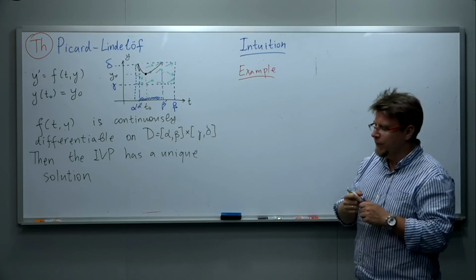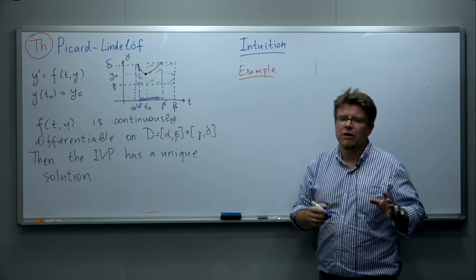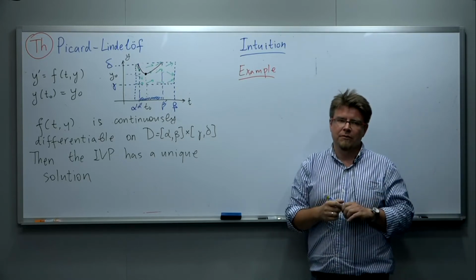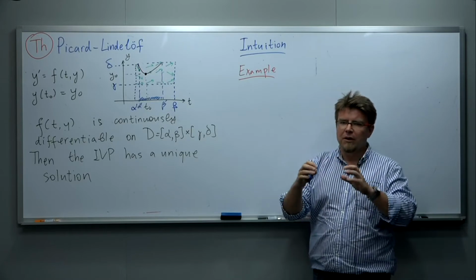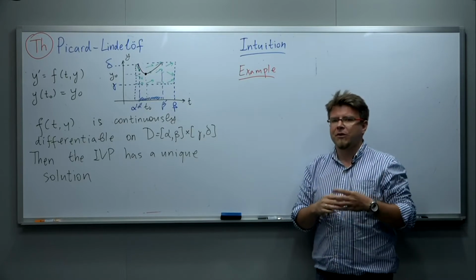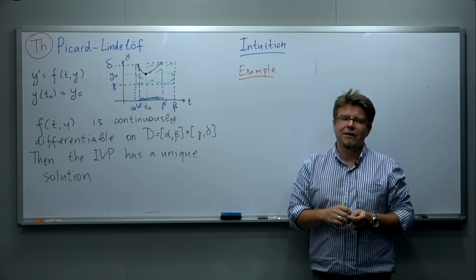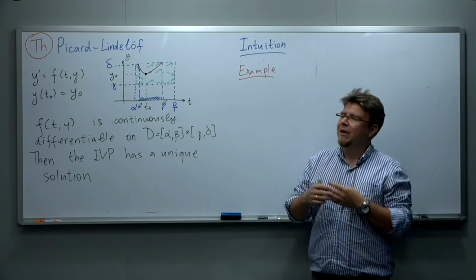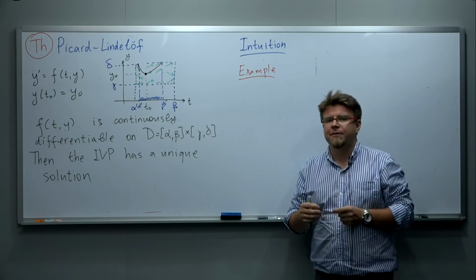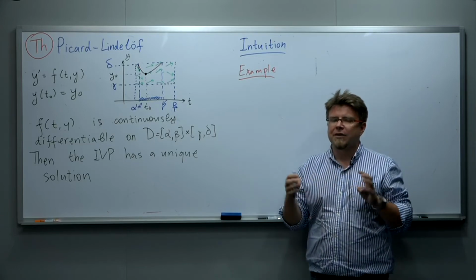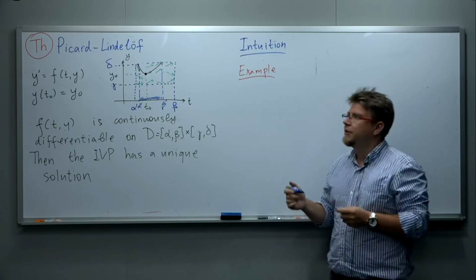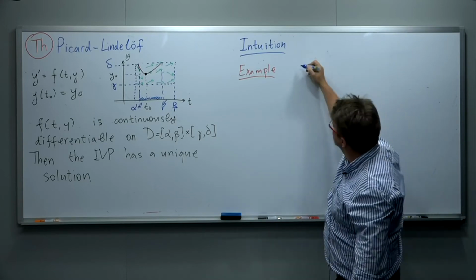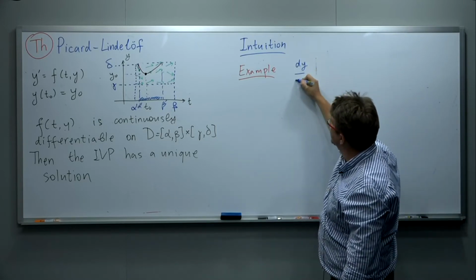So my example is about growth of cancer tumors. If you have a cancer tumor, then what they do in life sciences, I'm not an expert in life sciences, I don't know exactly how it works, but what I've read about is that the process of cancer tumor growth is governed by the differential equation dy/dt.